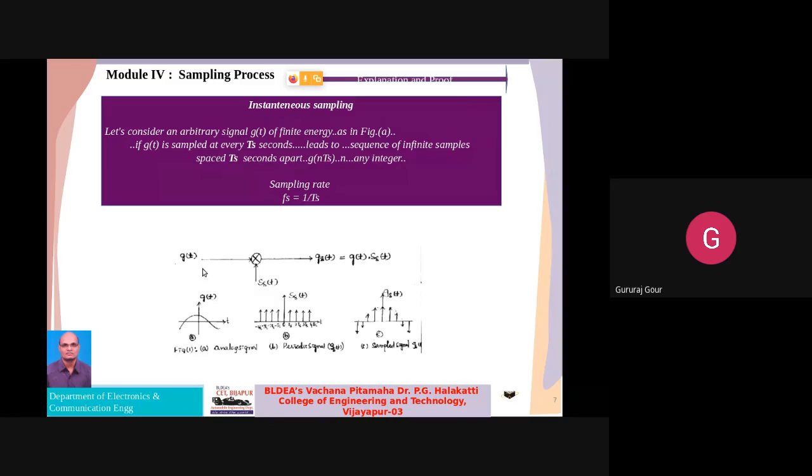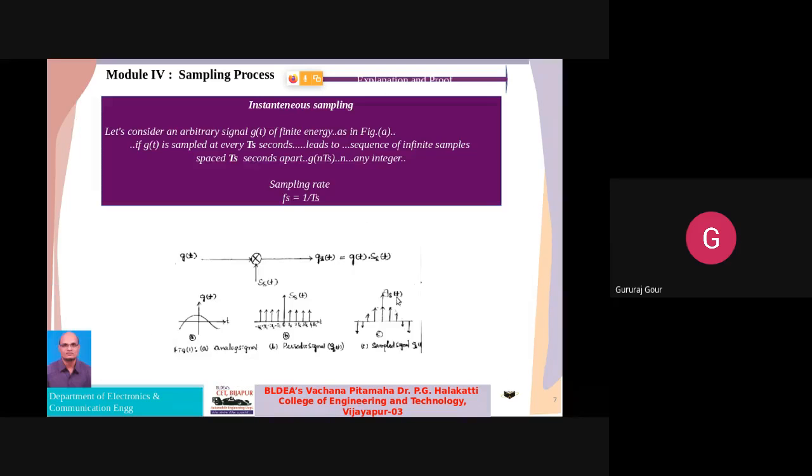So we are multiplying our analog signal with this train of impulses s dou of t, where impulses are spaced at equal intervals of time, that is Ts seconds. That gives us g of nTs, which is nothing but a sampled version of your analog signal g of t.